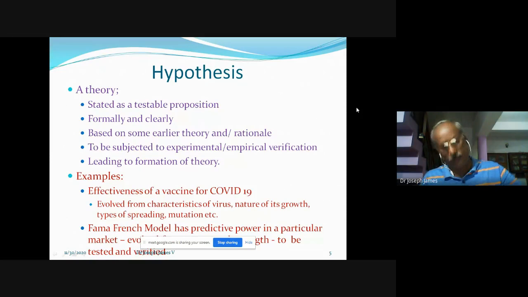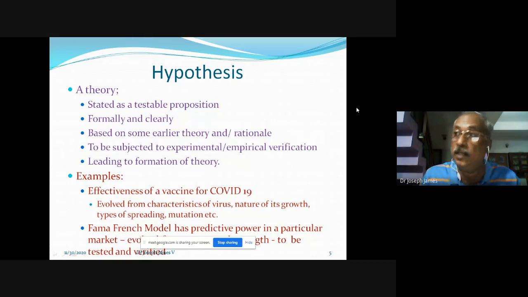Somebody says there is some predictive power, and in certain other situations they say there is no predictive power for the Fama-French model. There is no consensus on this particular topic, and it is still to be tested and verified.